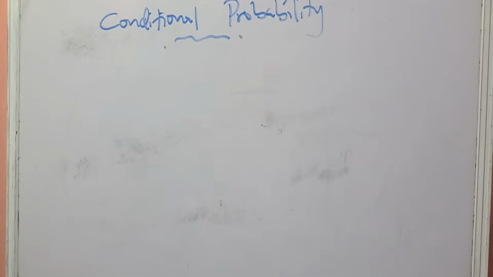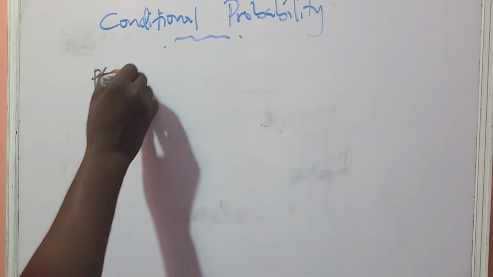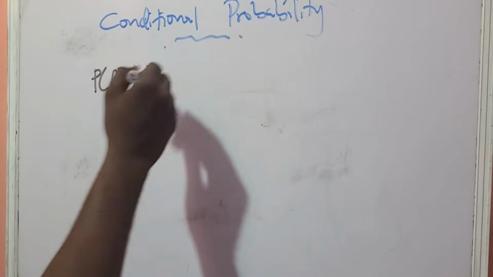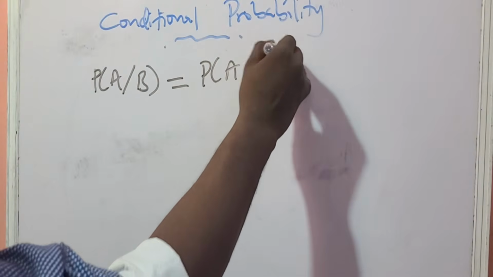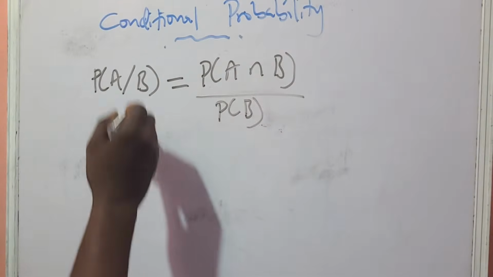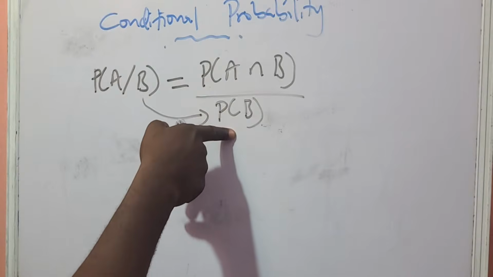Now, I remember I explained to you briefly in the last class the formula for conditional probability, and I told you guys that the probability of A given B, as I said, A given B, a condition, is equal to the probability of A intersection B over the probability of B. I told you that this is what will always determine the denominator.